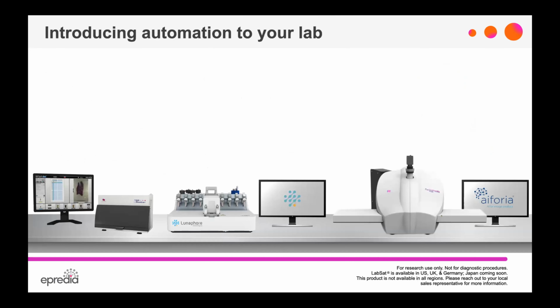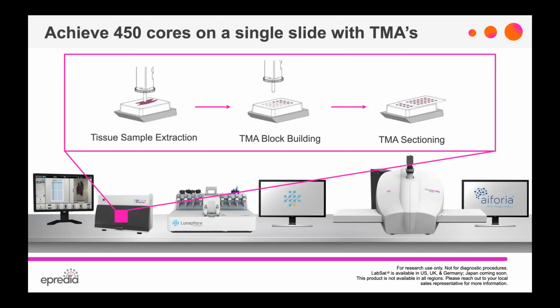And as you can see here, the equipment from left to right is the 3D Histech Tissue Microarray Master 2, which is a small, great automated device that we'll showcase. In the middle is the Lunaphore LabSat. And then on the right-hand side, we're using the 3D Histech MIDI 2 12-slide fluorescent and bright field scanner. This one in particular uses a Lumencor spectral light source.